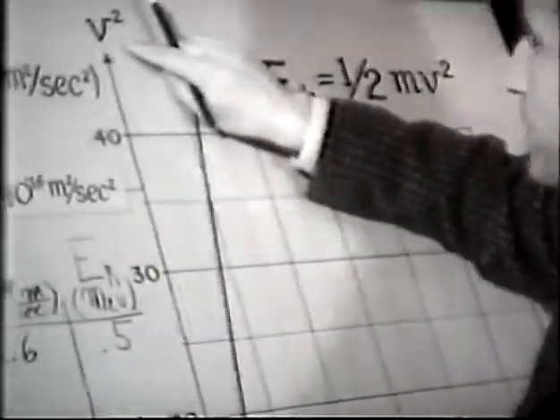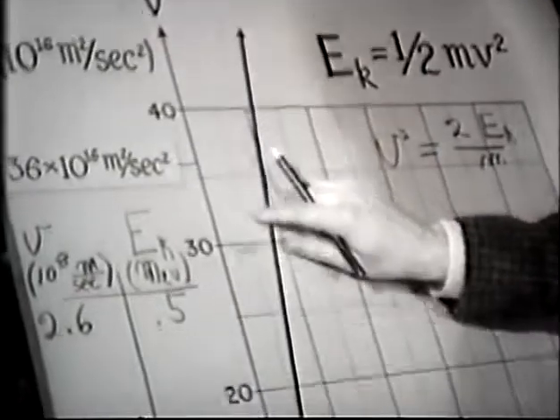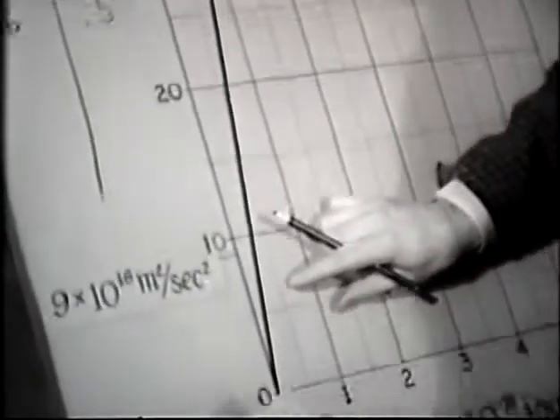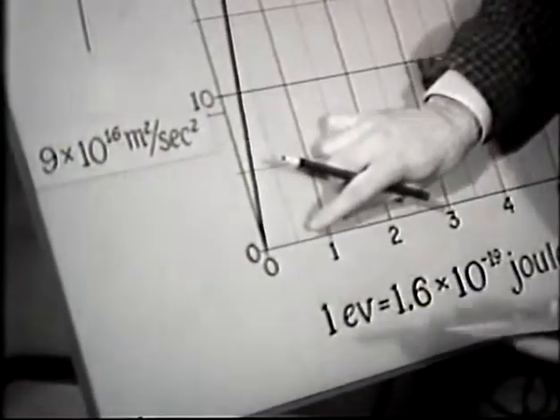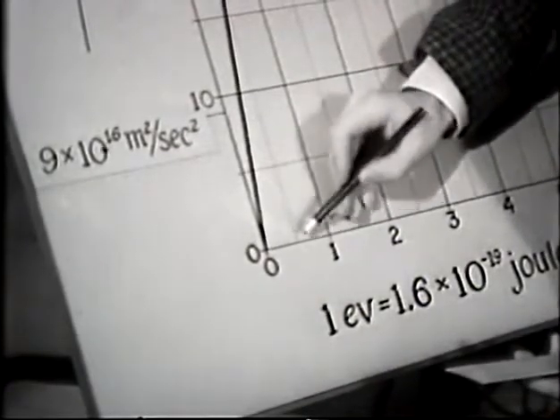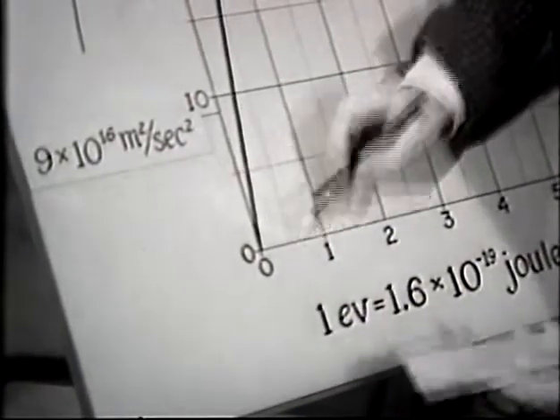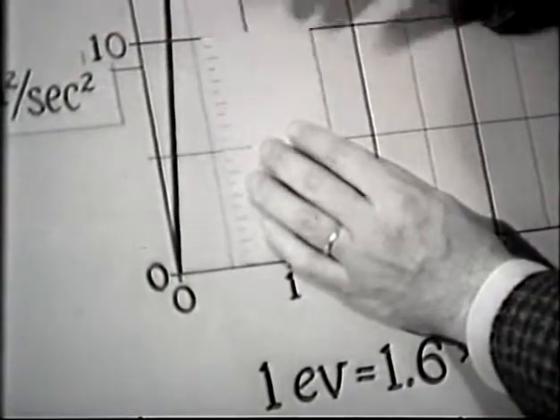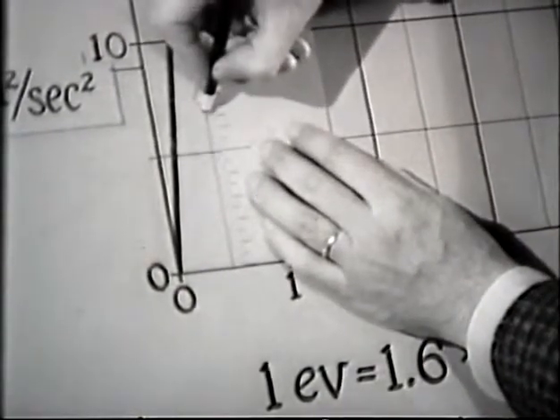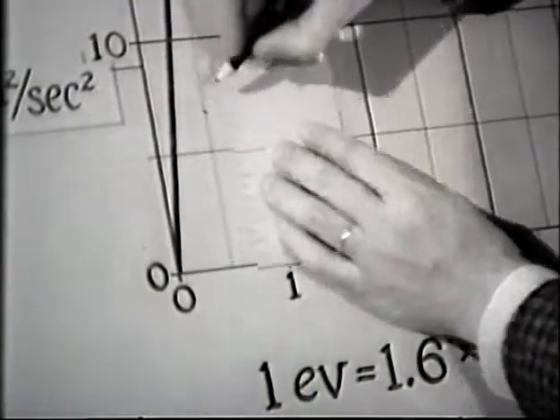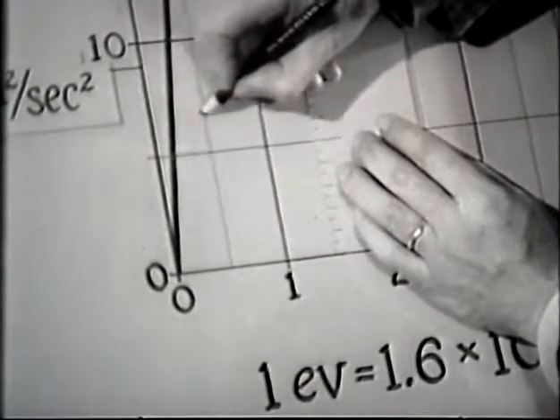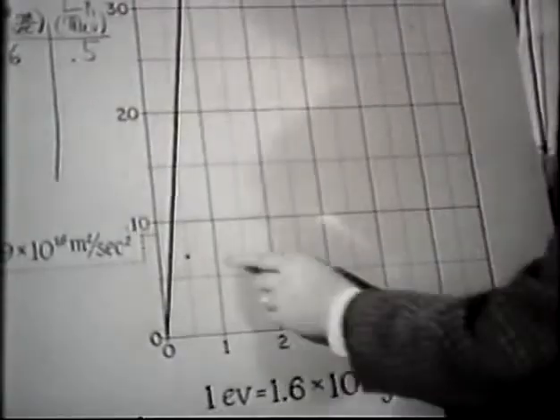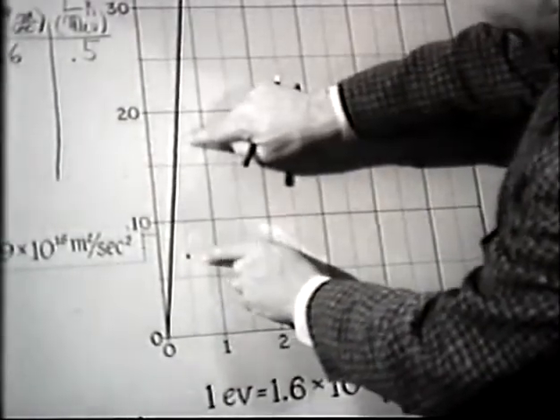So the speed squared is about 6.8 times 10 to the 16th meters squared per second squared. At 0.5 MeV, this plots about here. Well, our result is way off the prediction of Newtonian mechanics.